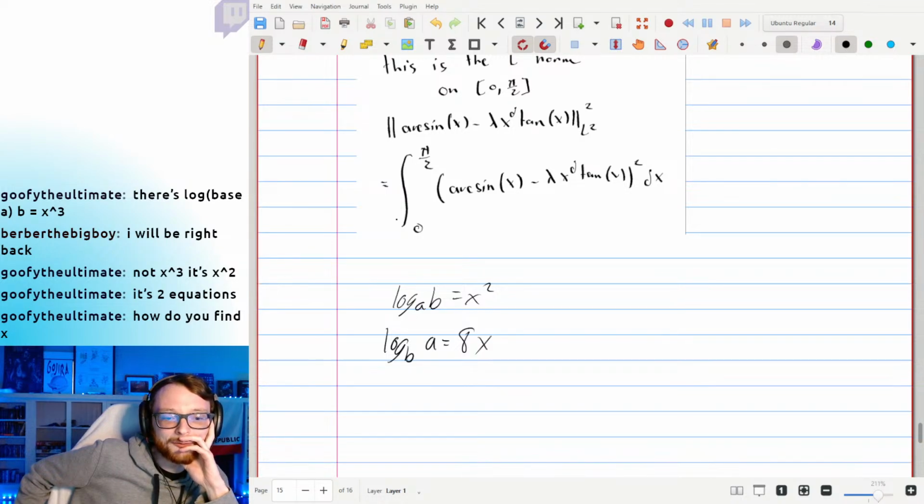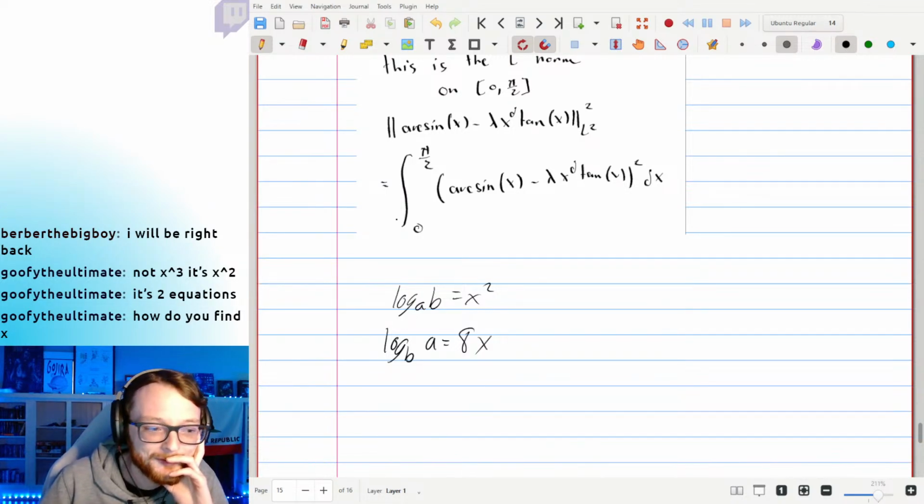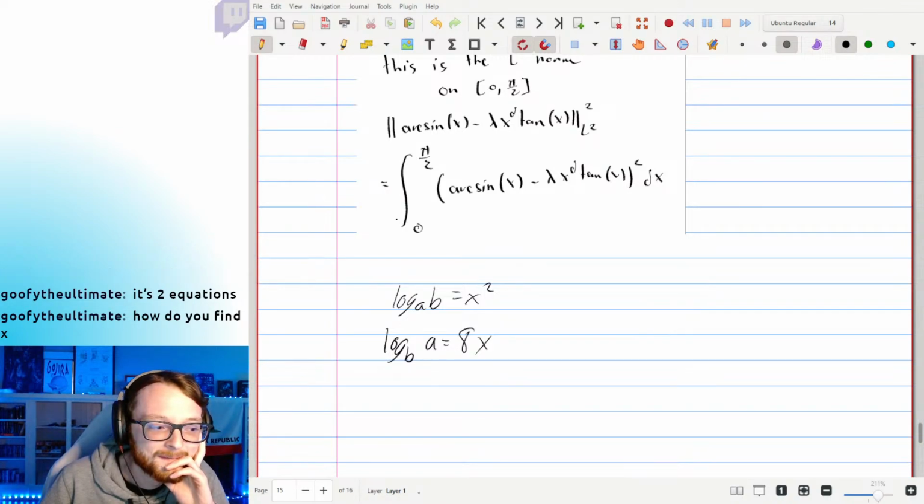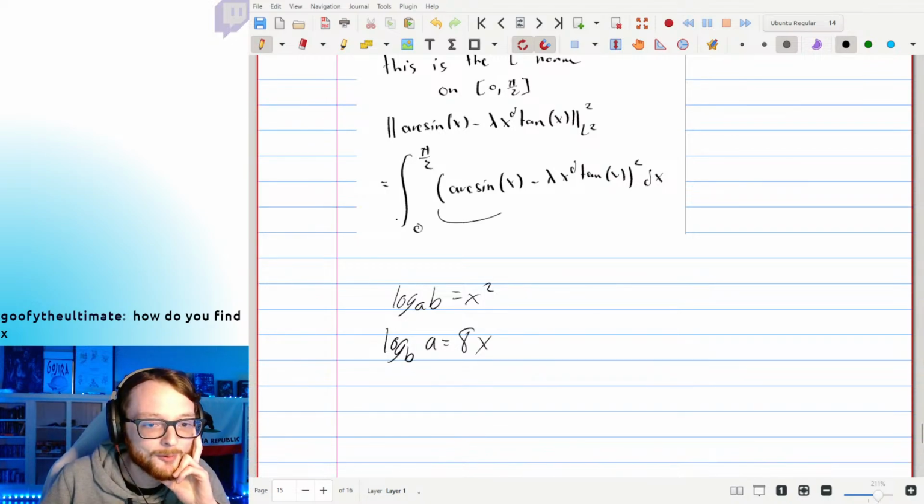I gotta play around with this one. This is weird. That's the first thing I tried, but then you get stuck, or at least I got stuck. All right, if you did it with the integral thing, I don't know how it's going to be different.